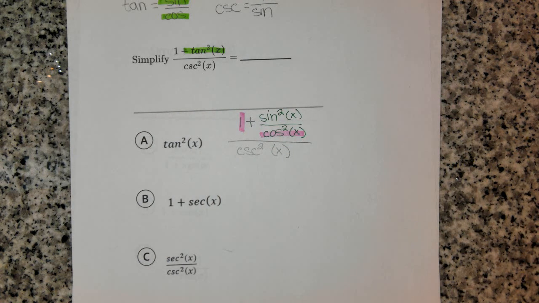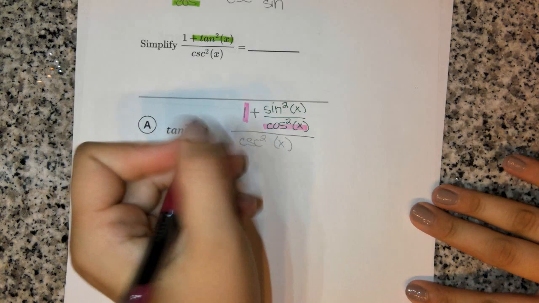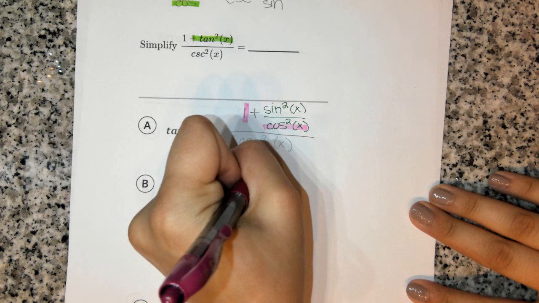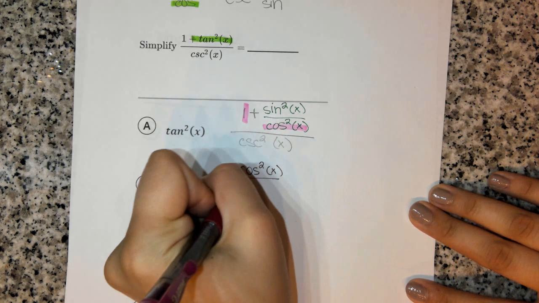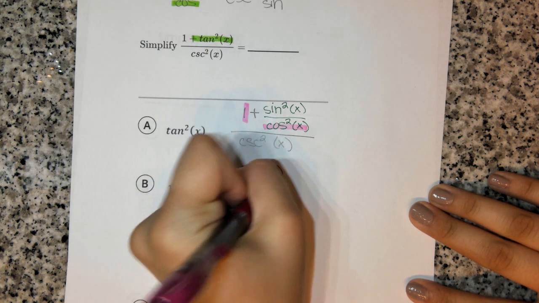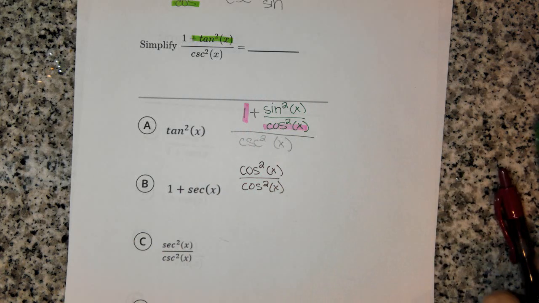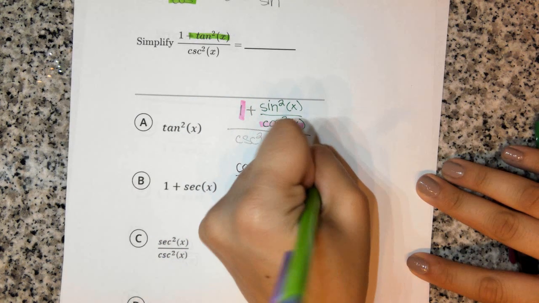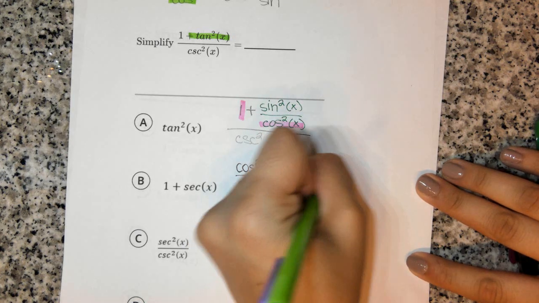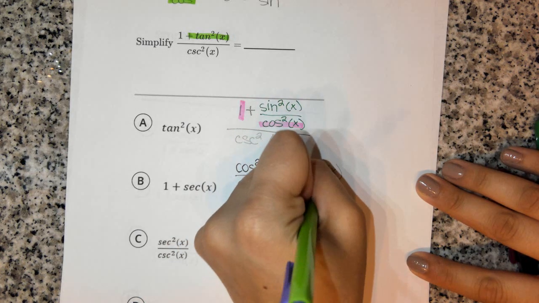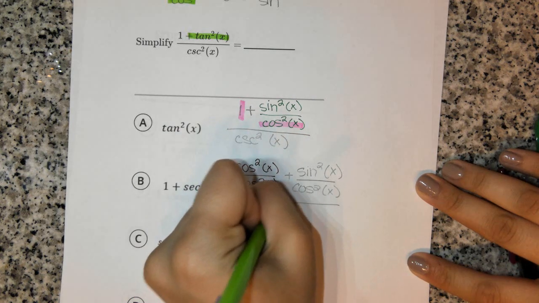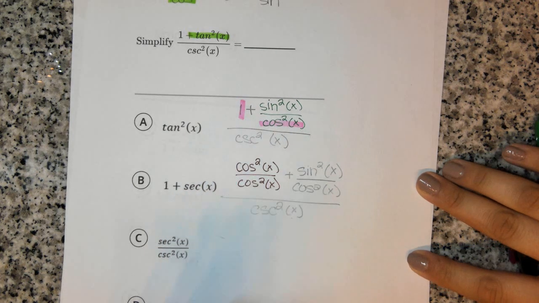So what that changes to is cosine squared of x divided by cosine squared of x. That equals 1. It's still being added to sine squared of x divided by cosine squared of x, all over cosecant squared of x.